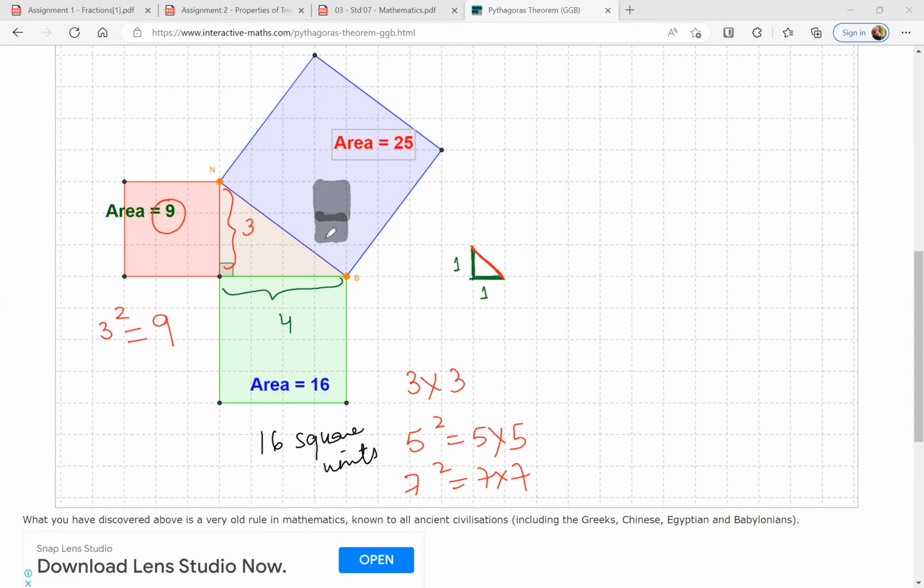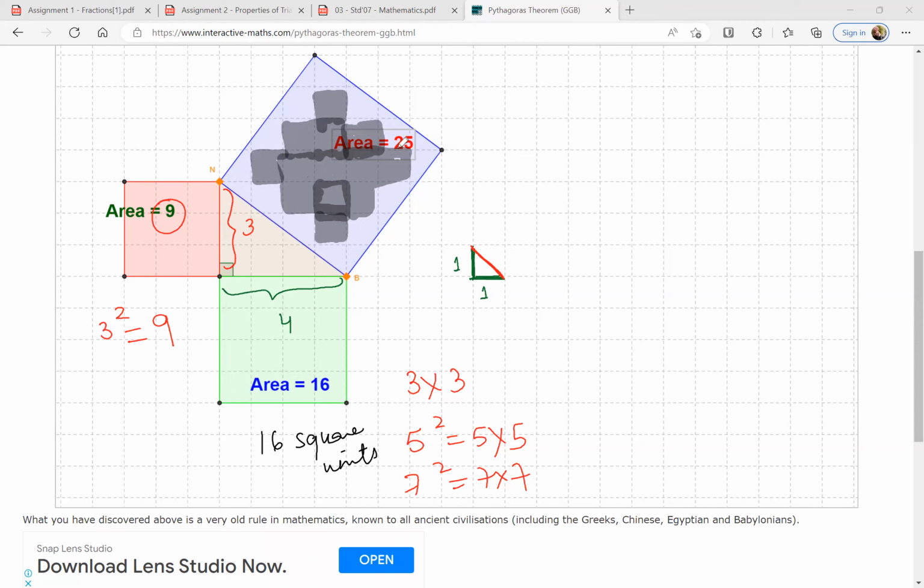So 1, 2, 3, 4, 5, 6, 7, 8, 9, 10, 11, 12, 13 squares which are completely inside the region.